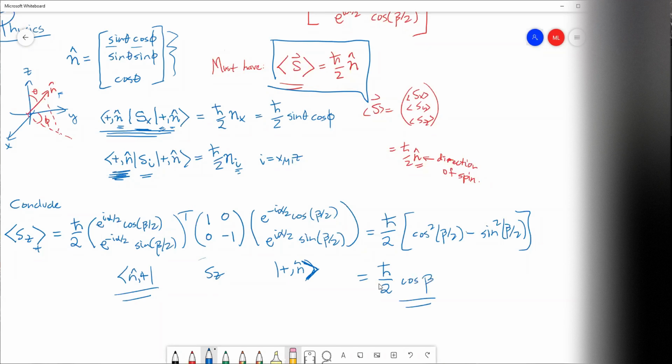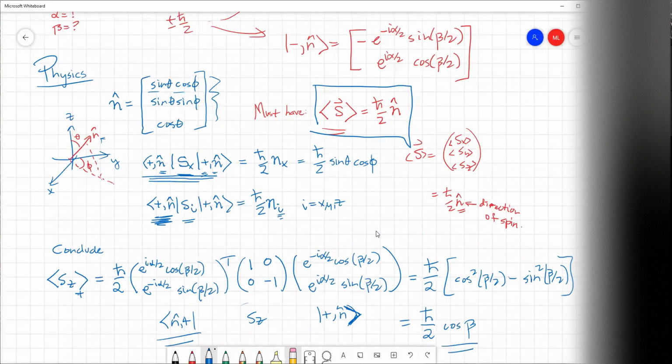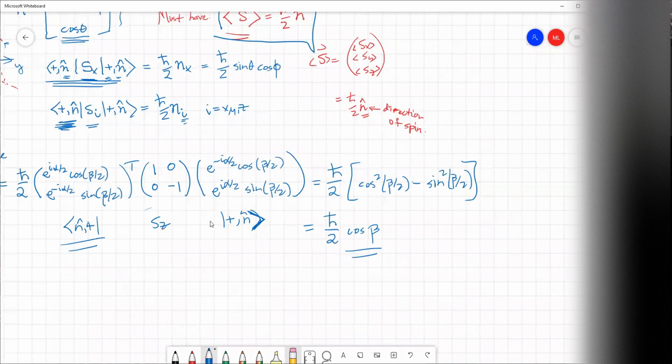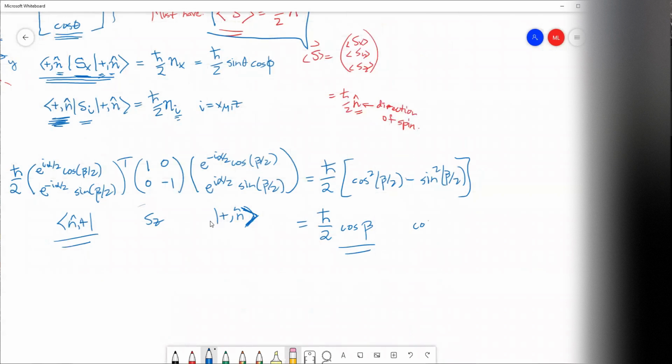Now, if we go back and see what we should expect, we should expect that the expectation value of the measurement along the z direction should give you the z component of n hat. So we must have that this cosine beta is equal to cosine theta, the direction of the n hat vector. So we must at least have that beta is equal to plus or minus theta.